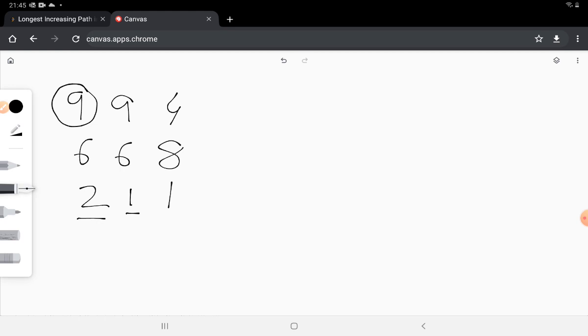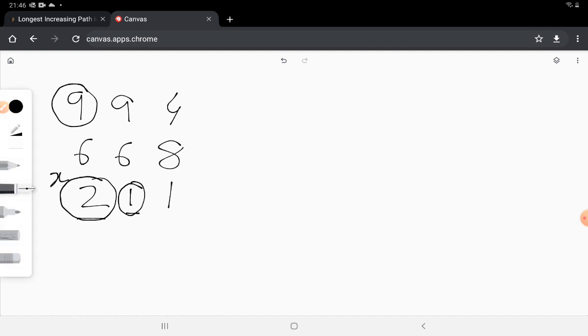Basically what I mean by this is, let's say in this matrix you have found out the longest increasing path from 2. Now when you are at 1, and you have already found out that from 2 the longest increasing path is of length x, let's say.